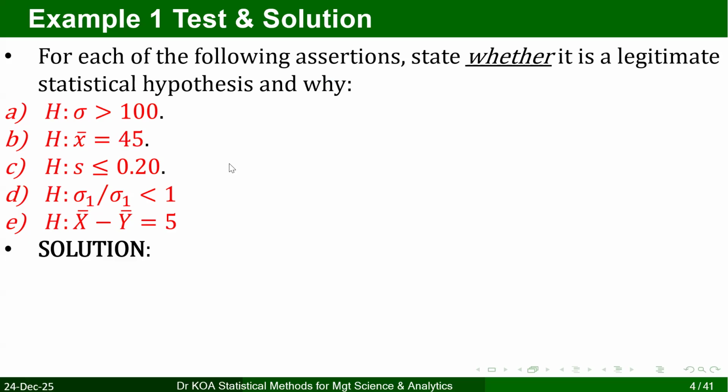B says that H says the mean of X equals 45. And I'm saying it is not a legitimate hypothesis, because I just understood that a hypothesis talks about an assertion of a population mean. But this one is talking about a sample mean. So it cannot be a hypothesis. Very good. You got it.